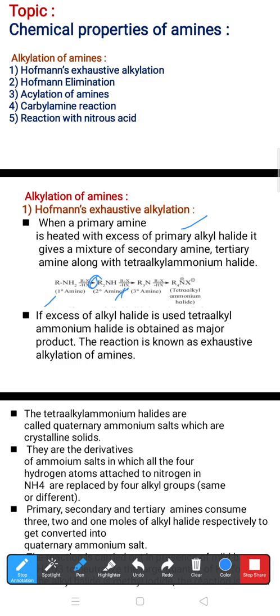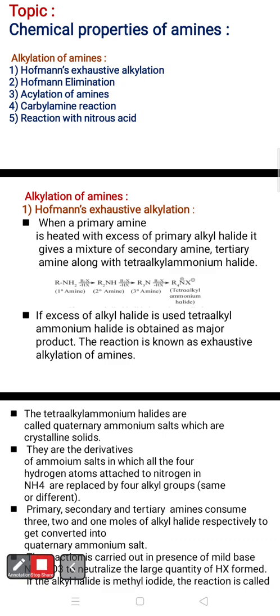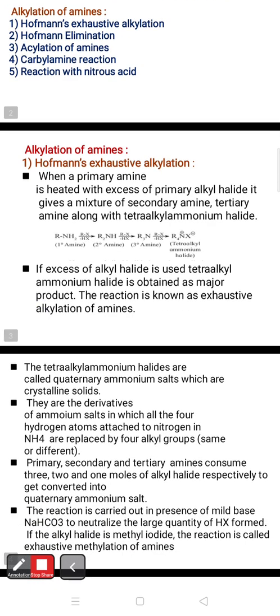Now, if we use excess of the alkyl halide, then the tetraalkyl ammonium halide can be obtained as the major product. The reaction is known as exhaustive alkylation of amines.